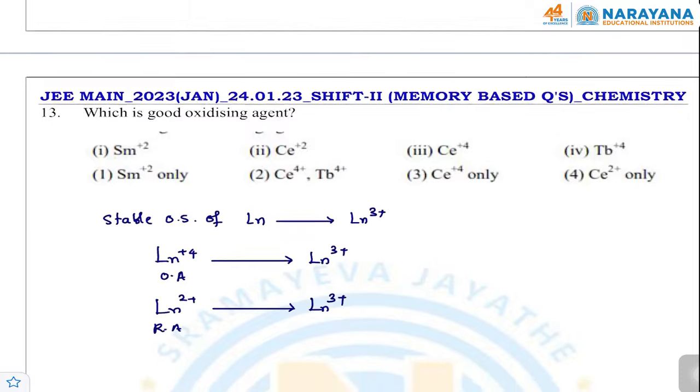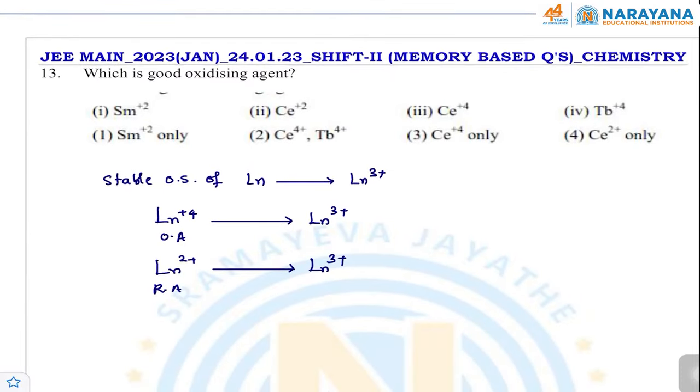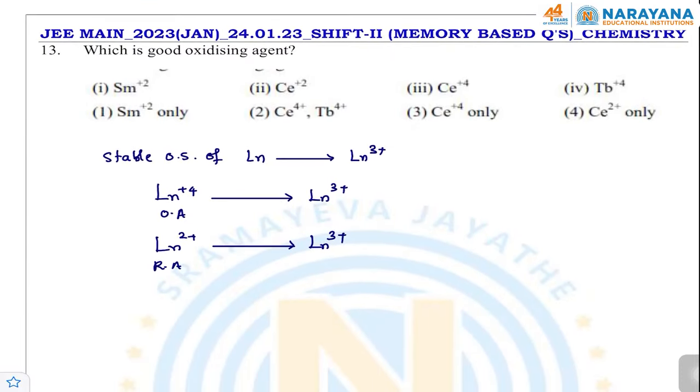Now the next question asks which is a good oxidizing agent. Lanthanides. We know that the lanthanide stable oxidation state is +3. So any other oxidation state, +4 or +2, is not stable with respect to +3.